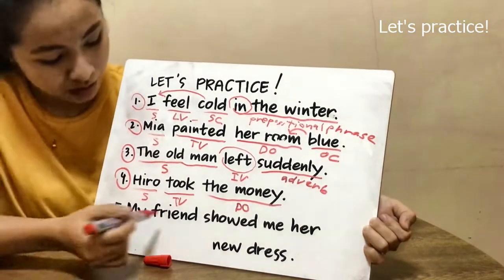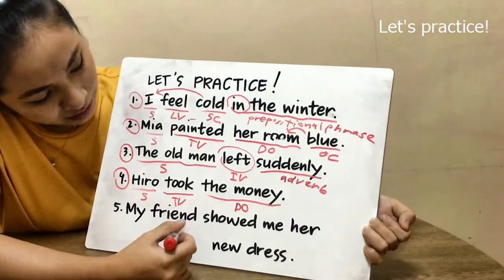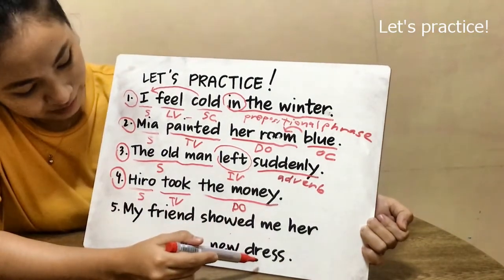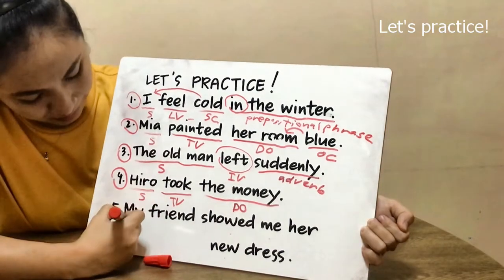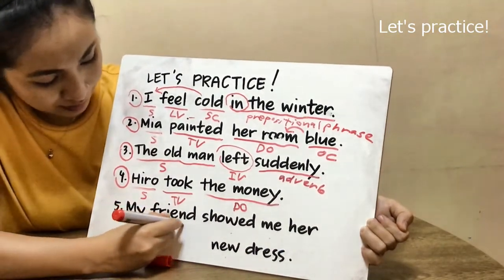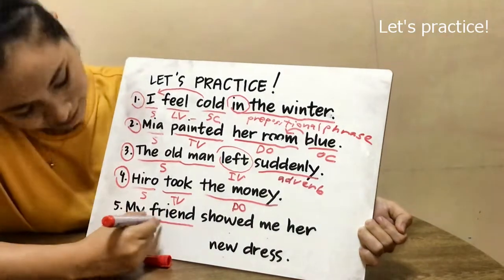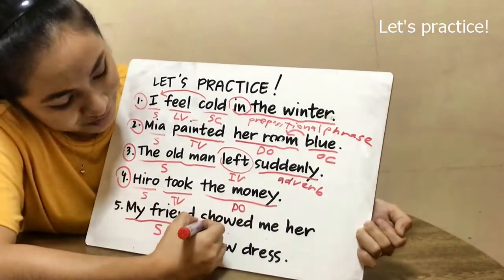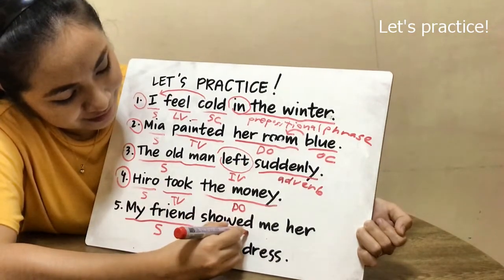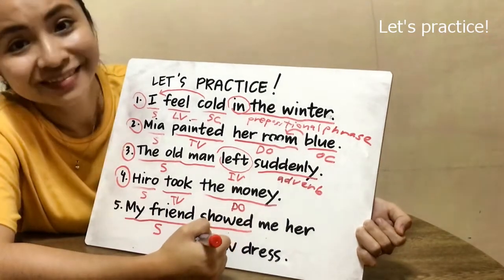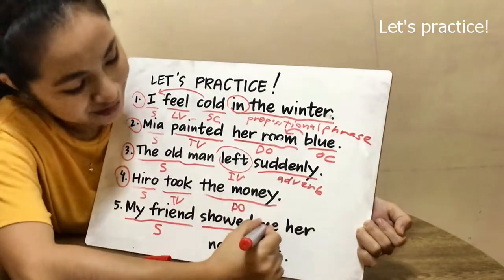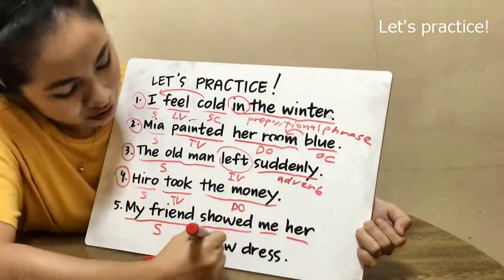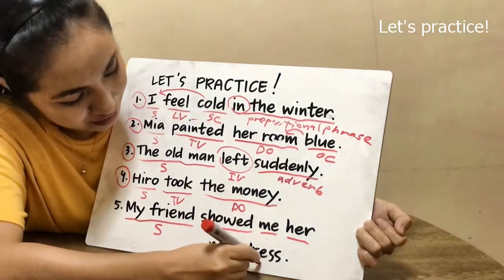We have here, my friend showed me her new dress. So of course, my friend is your subject. We have showed. What do you think? And we have here me and her new dress. So let's try to identify each.